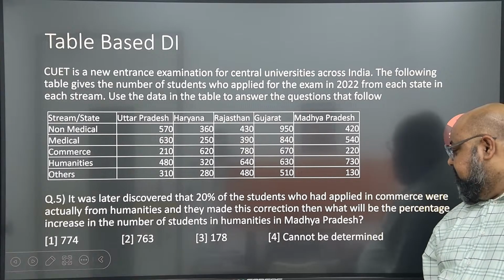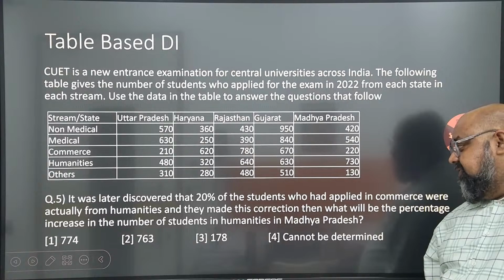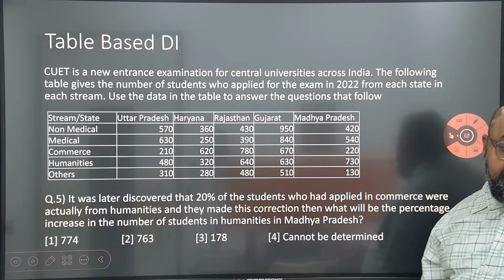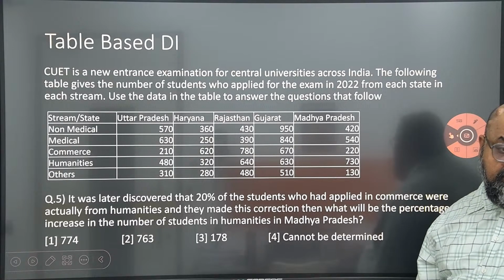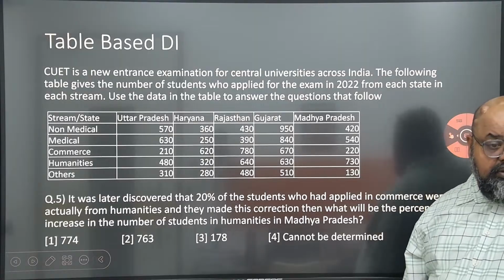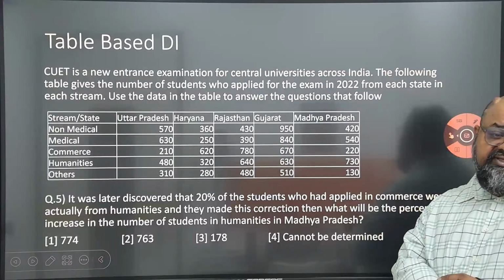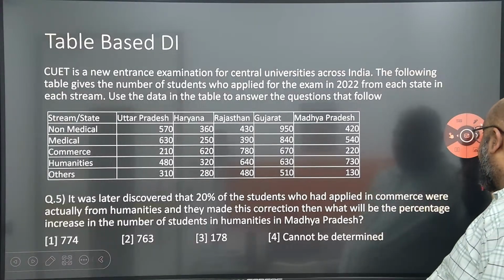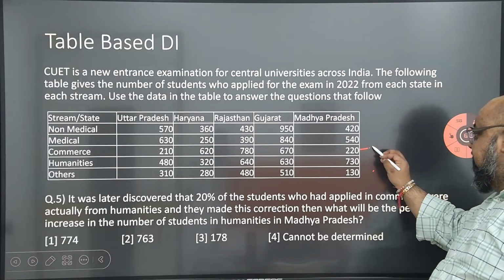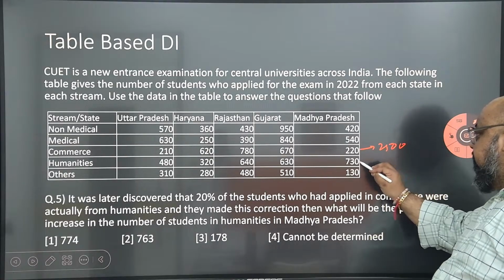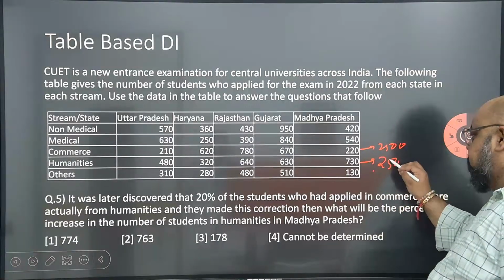And they made this correction. What would be the percentage increase in the number of students in humanities in Madhya Pradesh? So basically, जो commerce के students थे 2500, उसमें later it was realized that 20% are actually humanities students.